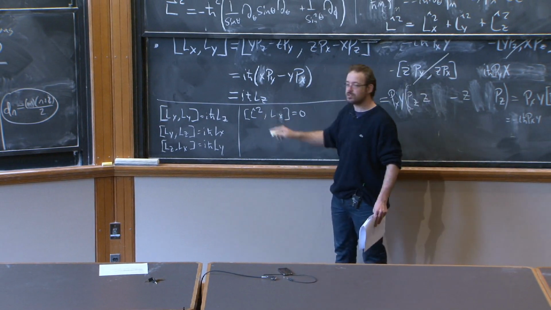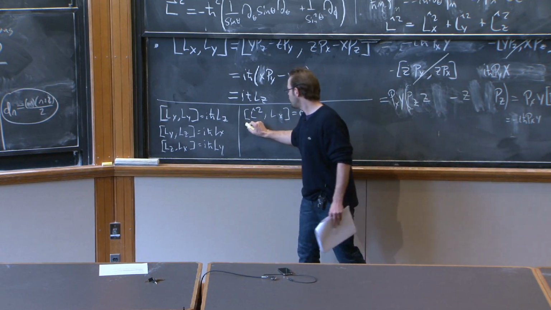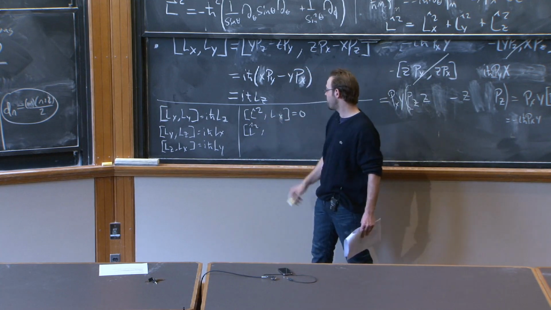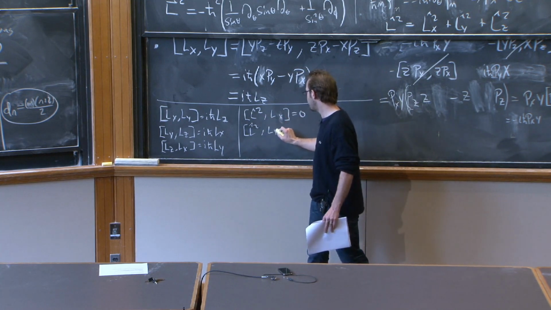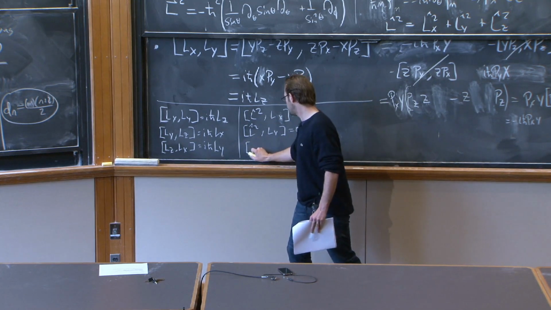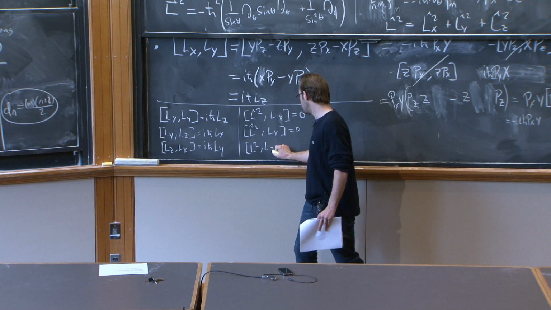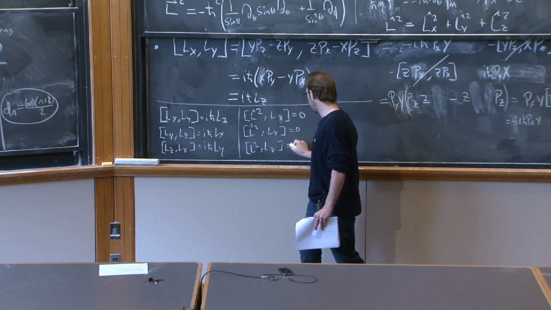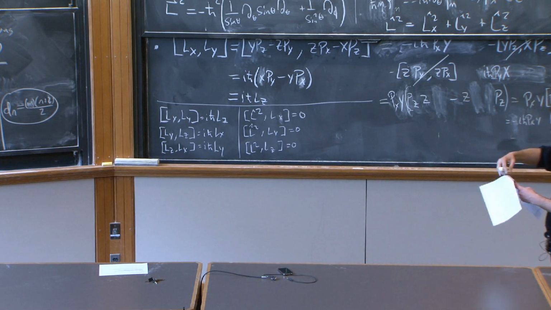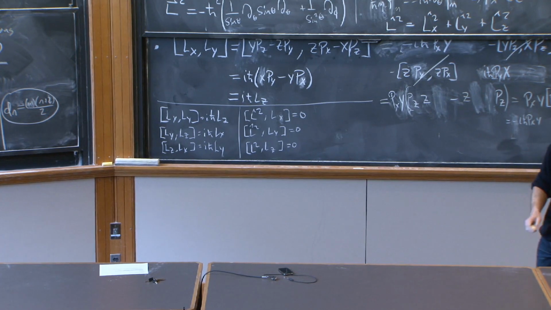So Lx commutes with the magnitude L squared. Similarly, by rotational invariance, if Lx commutes with it, Ly and Lz had better also commute with it, because who are you to say what's Lx? And L squared with Lz must be equal to 0. Everyone cool with that?